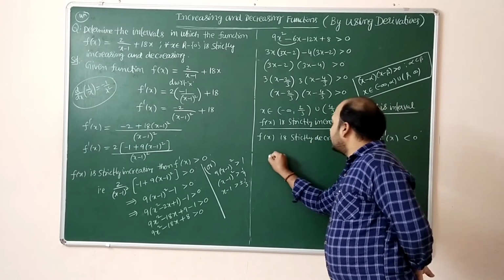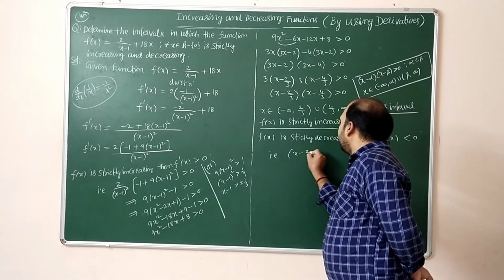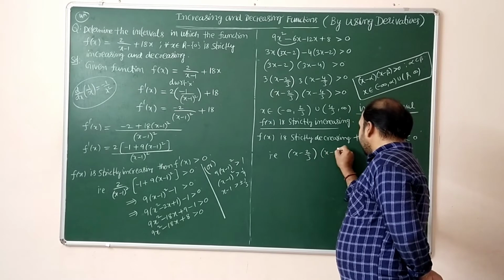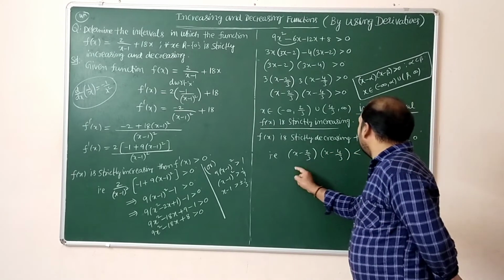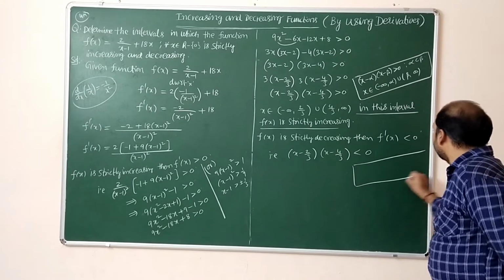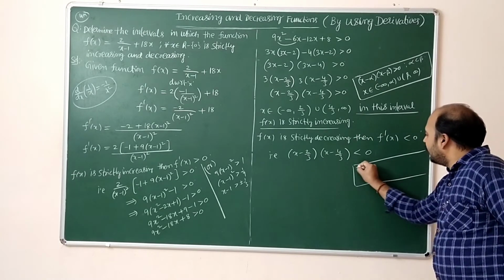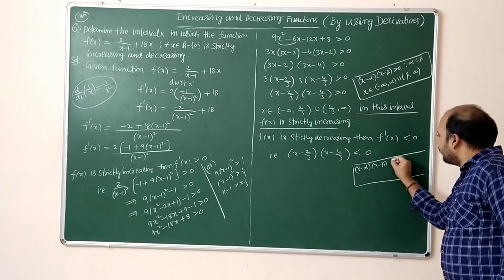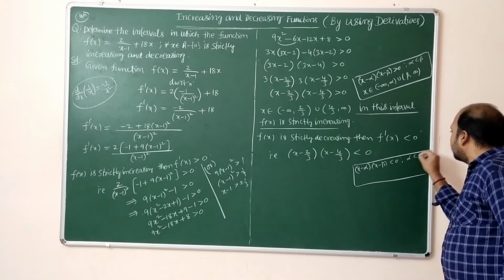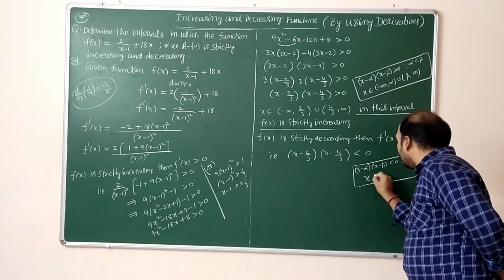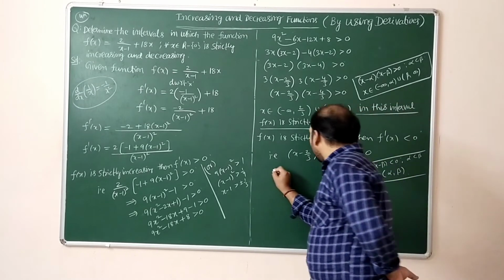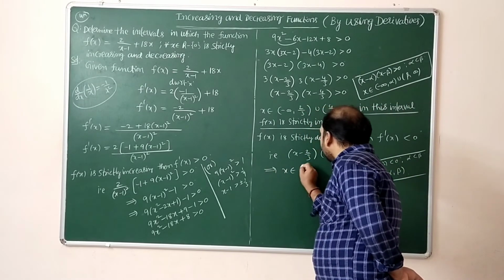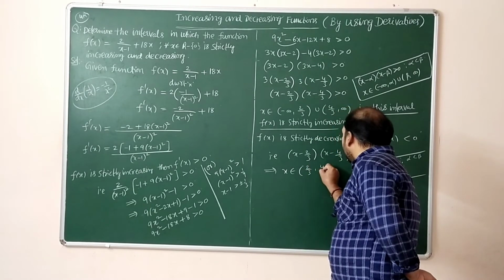That is x minus 2 by 3 into x minus 4 by 3 is less than 0. So again we have a formula: x minus alpha into x minus beta is less than 0 when alpha is less than beta, then x belongs to the open interval alpha comma beta. So that implies that x belongs to 2 by 3 comma 4 by 3.